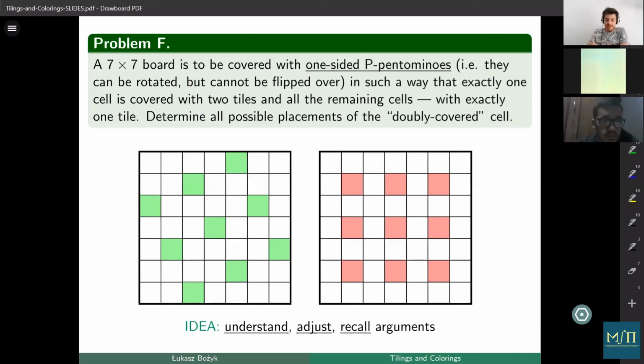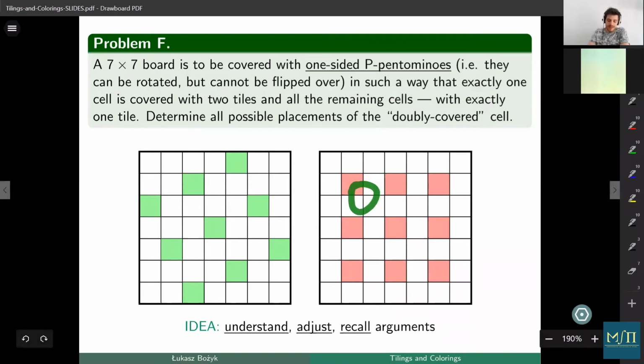The reason why it covers at least 1 is that it contains this 2x2 square, which covers exactly 1. Okay. So applying our reasoning, the one with inequality, to the right picture, we get that the doubly covered cell should be red on the right picture, right? Because 10 P pentominoes would cover at least now 10 red squares, so the one covered twice should be red.